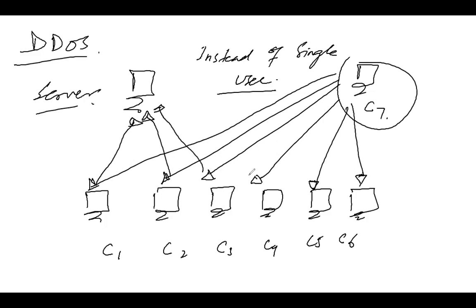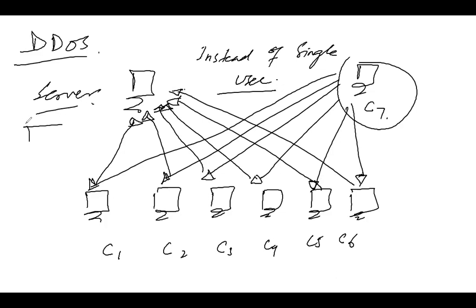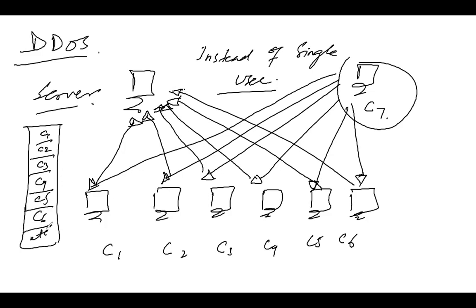So this is again a kind of denial of service attack, in which the server will be busy with too many requests by C1, by C2, by C3, by C4, by C5, and C6, and then again C1.